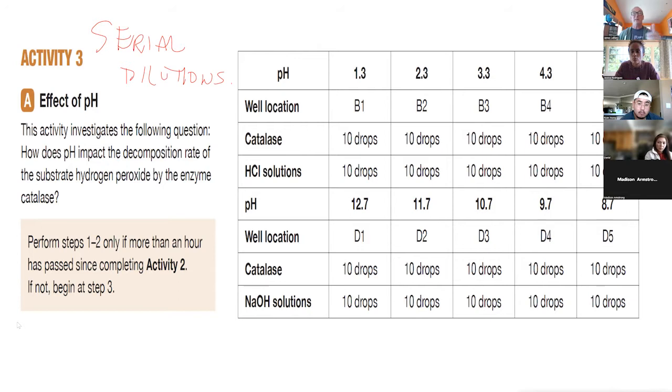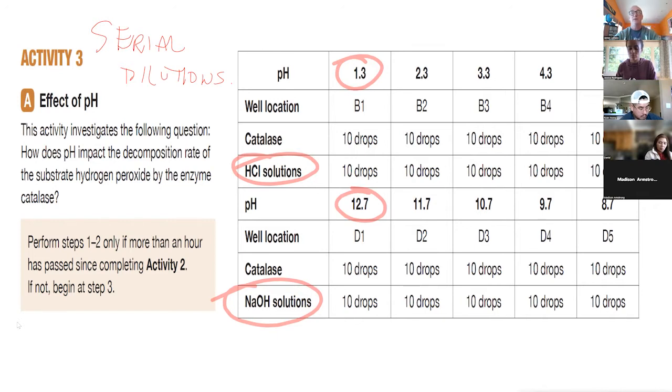So read that one really, really carefully. But basically what we have is adding HCl to 5 wells and adding sodium hydroxide to 5 wells. And then read the instructions really carefully, because we're going to go from pH of 1.3 all the way to 12.7. So basically that's a huge range in pH.